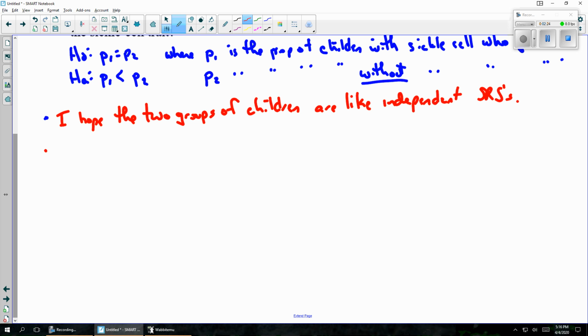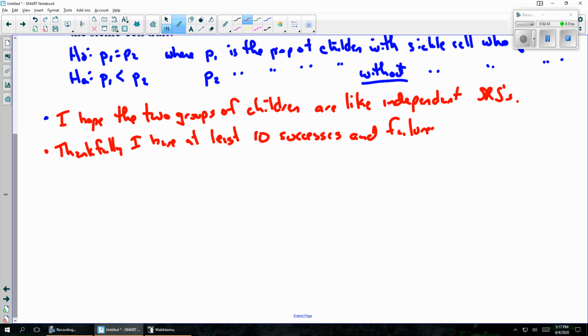Next, I want to check the large counts rule. For the large counts rule, I need 10 successes and failures in each group. I have that, and I'll show you in just a second. I have at least 10 successes and failures in each group. Now, that's not sufficient to say that. I've got to tell you how many I've got.